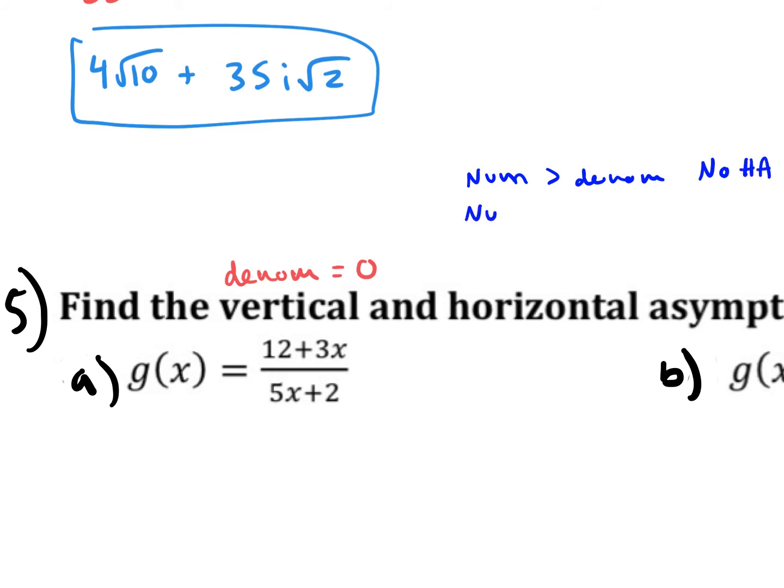If my degree of the numerator is less than the degree of the denominator, then my horizontal asymptote is y is equal to 0. And then if they're the same, numerator is equal to the denominator, then I look at the coefficients.